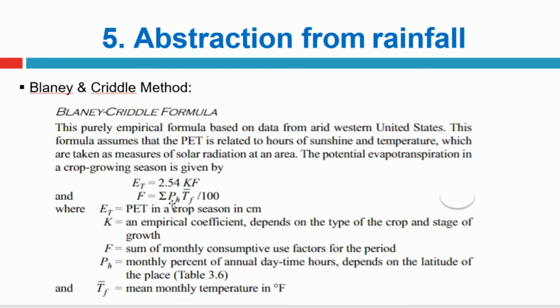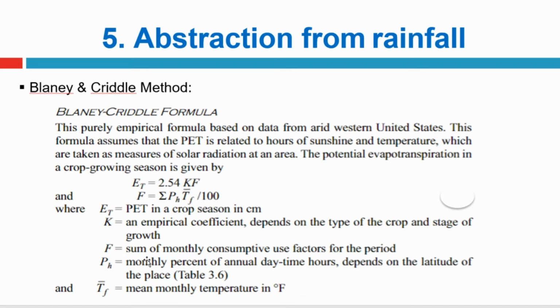Now let us look into what P_h is. P_h is the monthly percentage of annual daytime hours, which depends on the latitude of the place. This is a value given for one particular month. It gives the percentage of daytime hours for a given month.